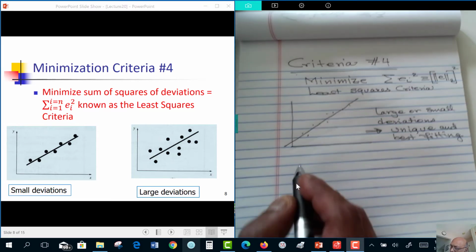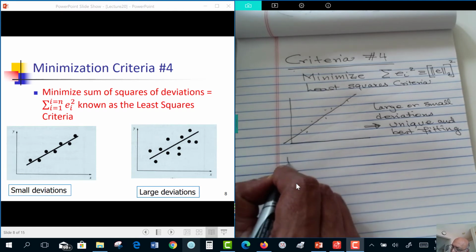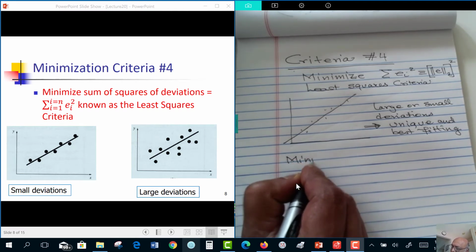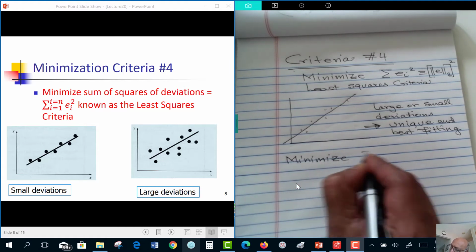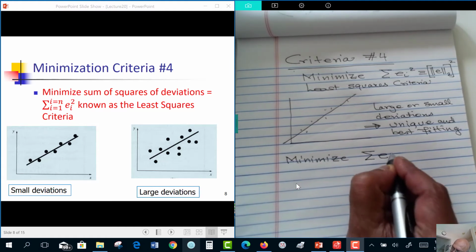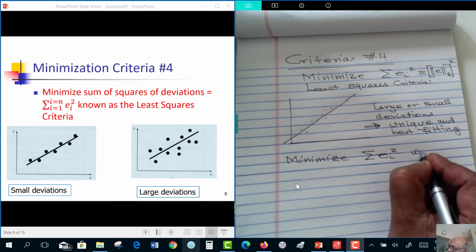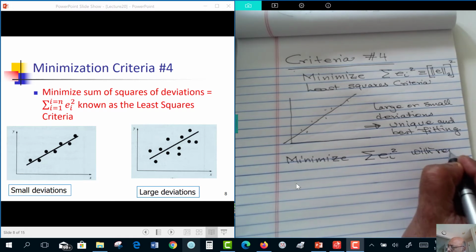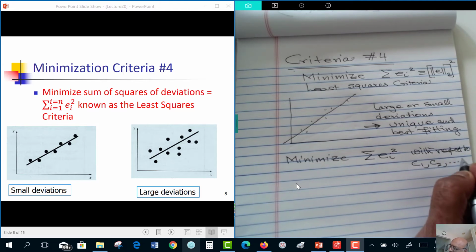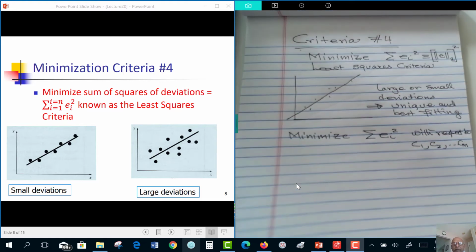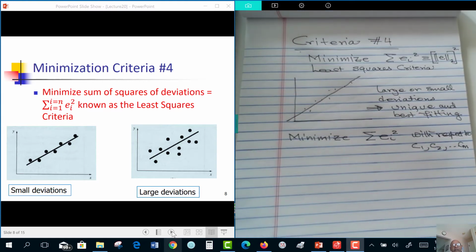Okay, so our goal is therefore what we are going to do is we are going to minimize sum of ei square with respect to c1, c2, cm, right? So how do we minimize things?